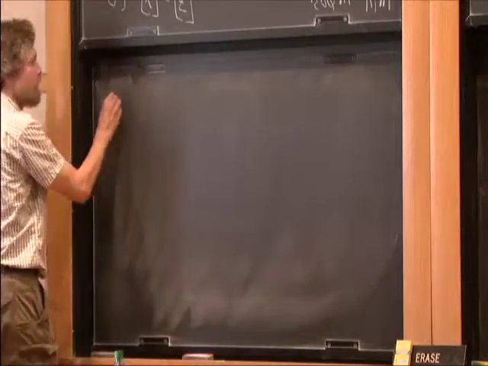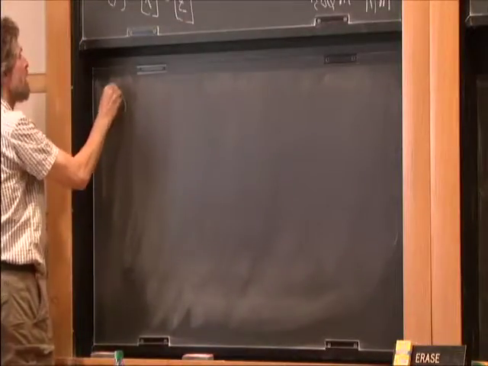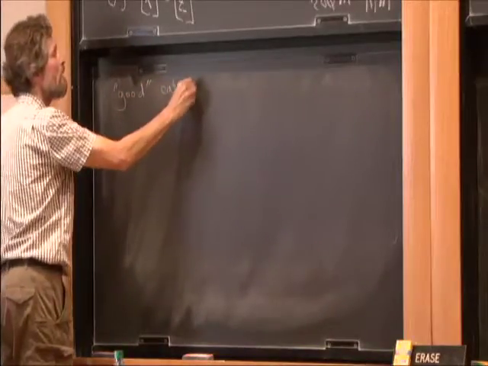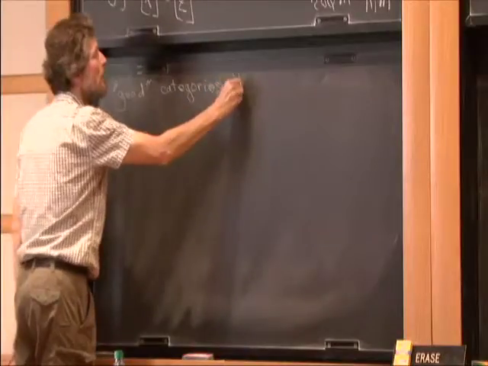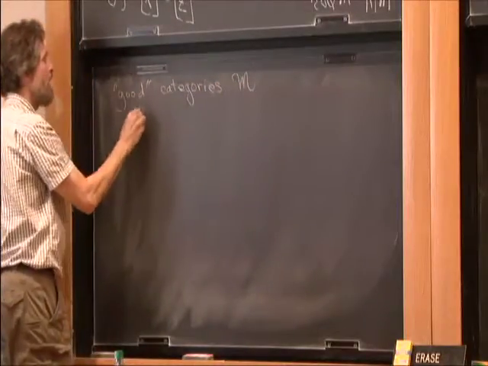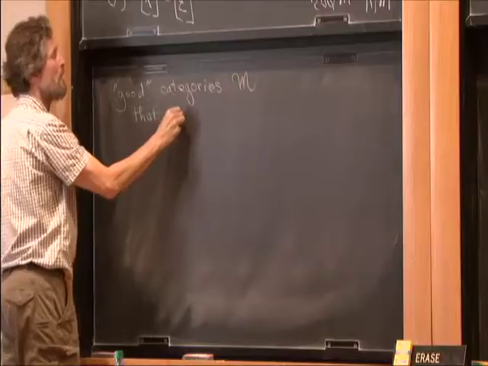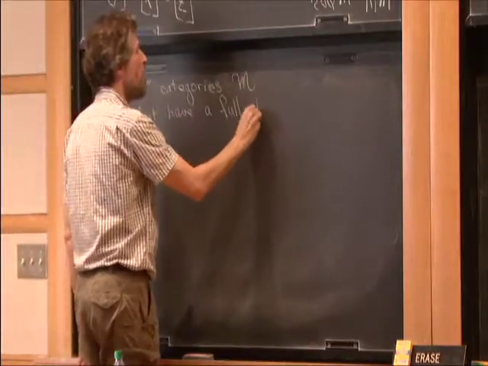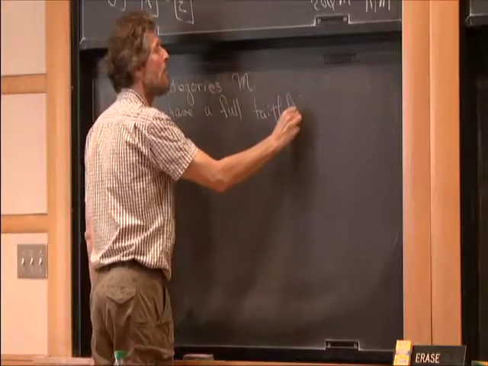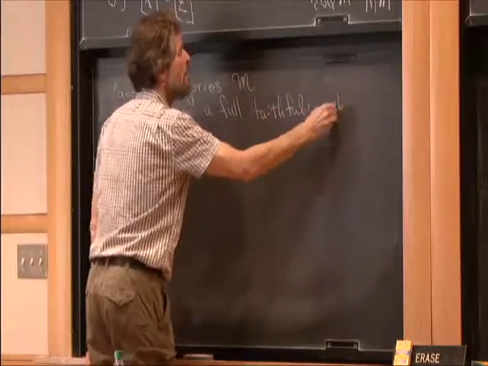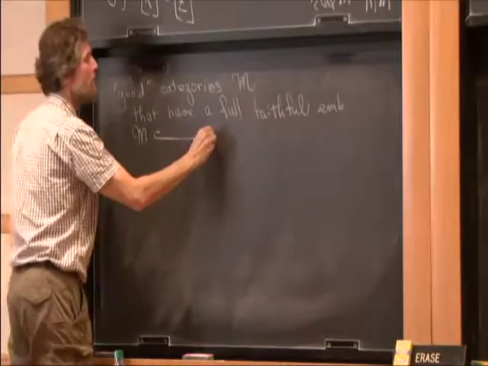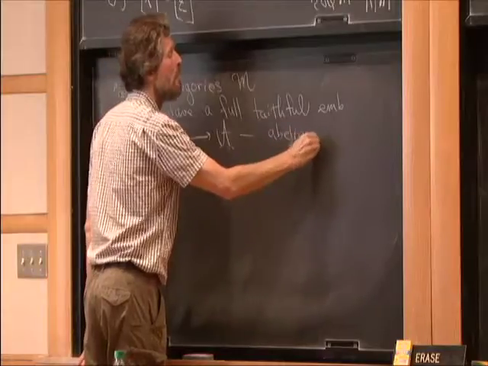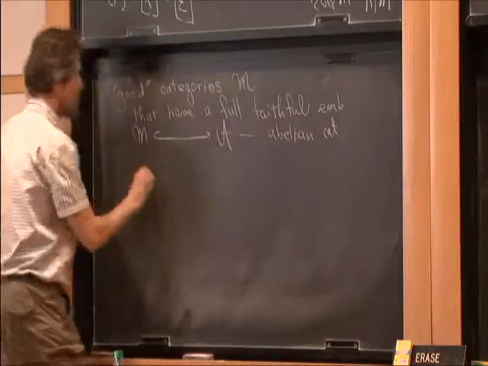So here's the type we consider. So we consider good categories M that have a full and faithful embedding into some abelian category with two properties.